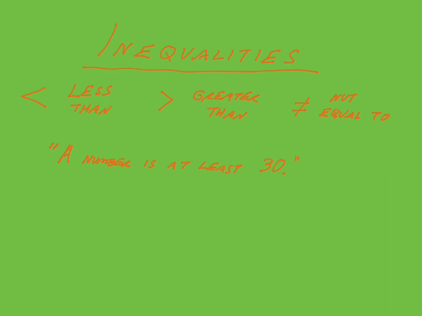If we wanted a number that was at least 30, we could use 30. Could we use 31? Yes. If it's at least 30, that means that's the smallest it could be. So if we wrote this as an inequality, this could be something like x is greater than or equal to 30, meaning any number 30 or more would work.